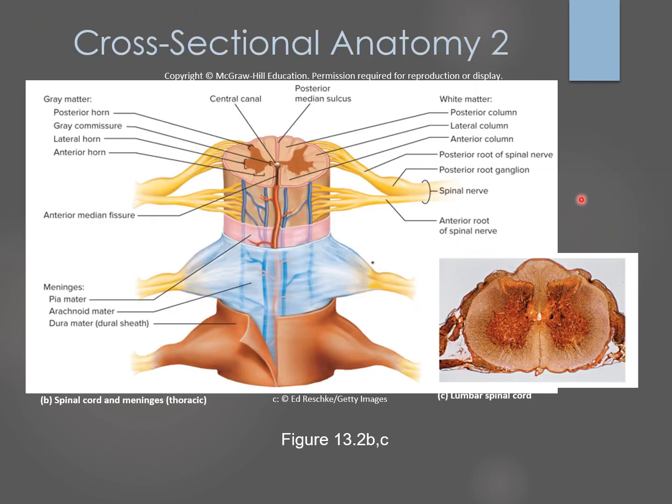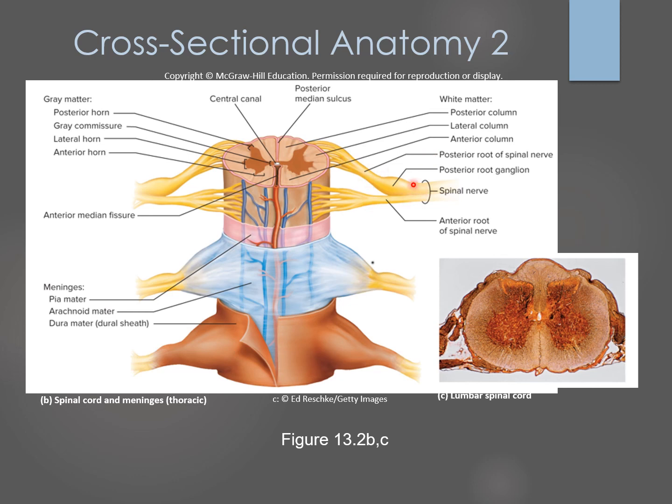This is one of the pics that I asked you to label. This is out of your text. This is pretty much something that we've covered now up to this point, with the exception of pointing out what composes the actual spinal nerve. Remember, there are 31 pairs of spinal nerves, and what we talked about is the input and then the output.